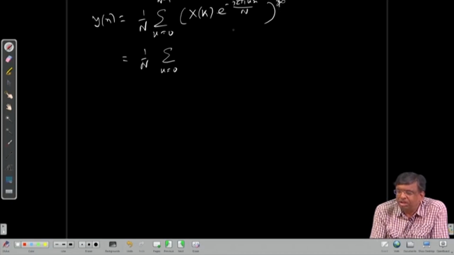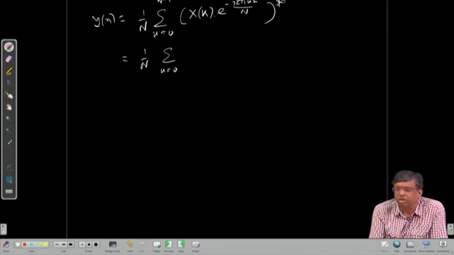I have to somehow bring in the IDFT form. Now this is a complex number X k into e to the power minus j 2 pi k n by capital N, call it z1 into z2, which is the complex number z.